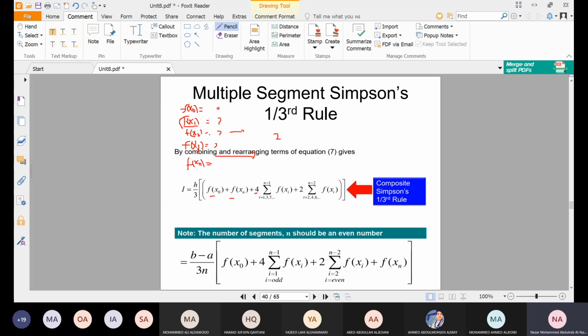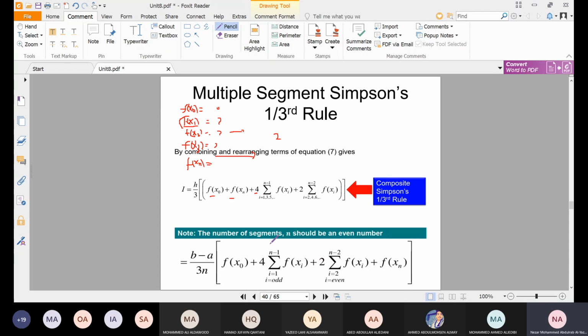So this is the form of the multiple segment Simpson third rule. It's clear, guys, we just apply this form. As we said, this is used for programming.